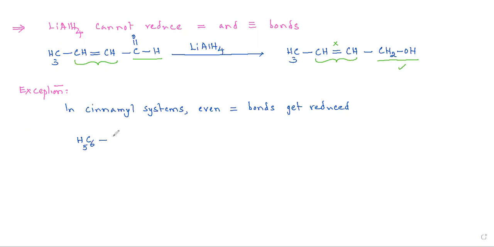It's simply alpha beta unsaturated system. So this is cinnamaldehyde. Look at this. This is alpha, this is beta. So alpha beta unsaturated aldehyde is cinnamaldehyde. You can also take alpha beta unsaturated acid called cinnamic acid.